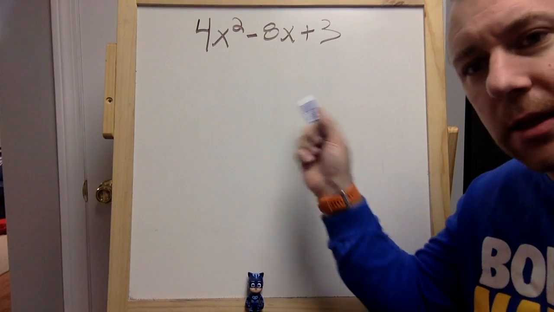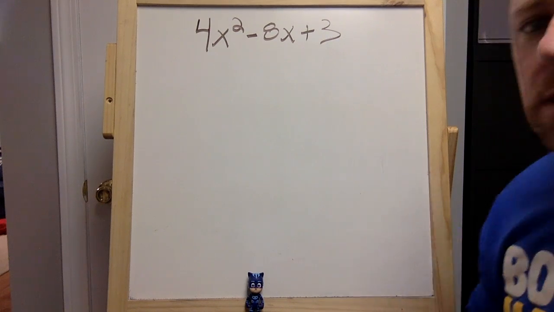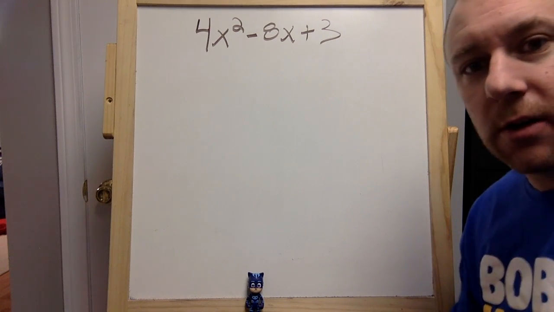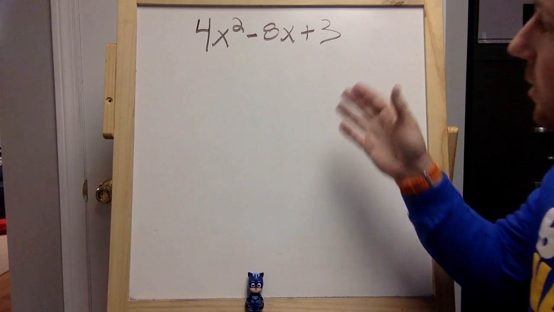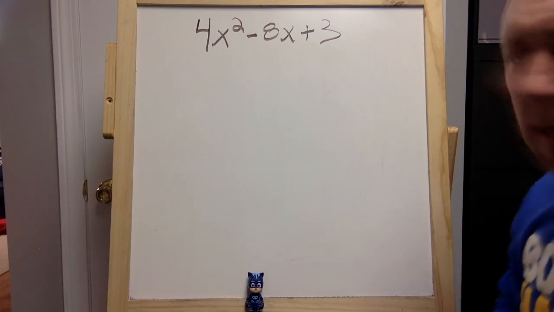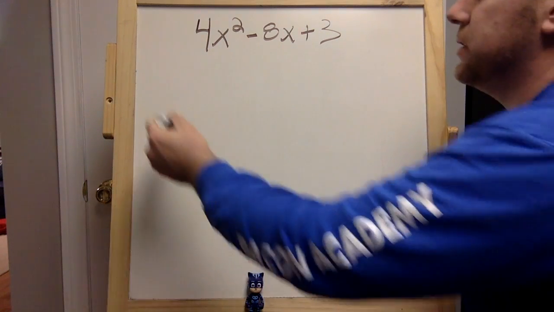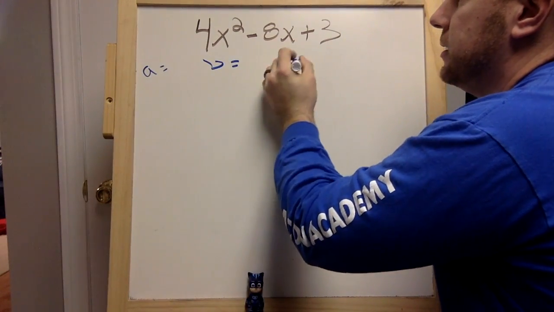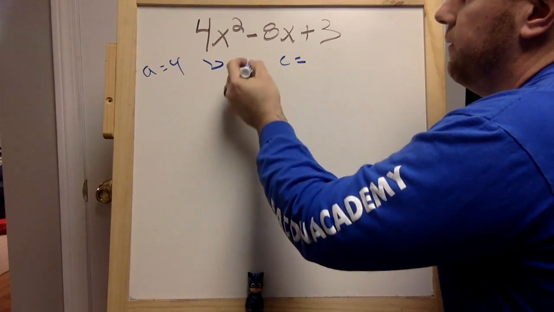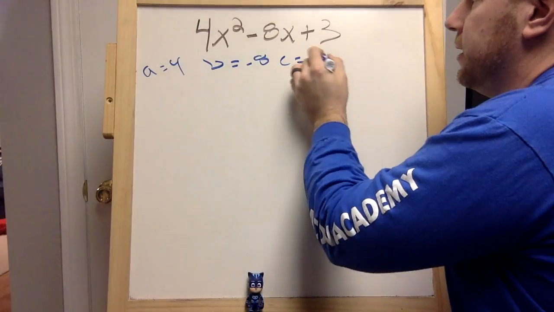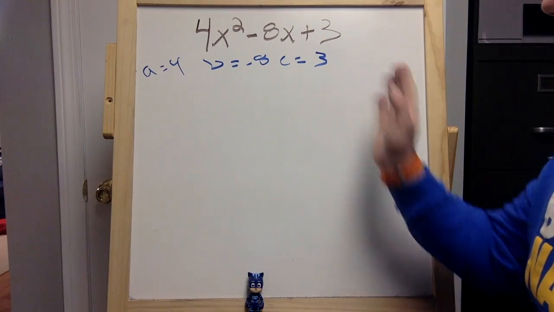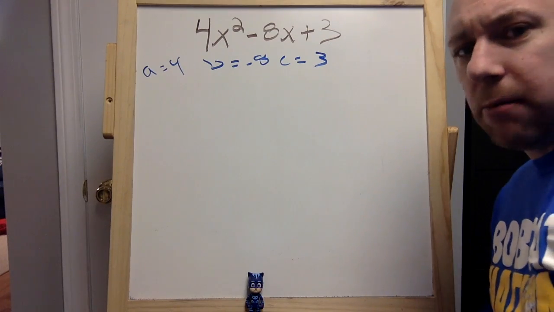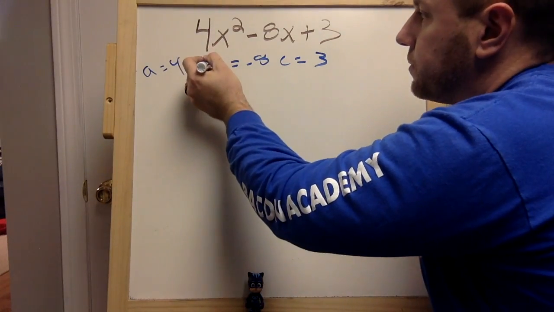So, in these examples, we're going to expand on our knowledge of factoring trinomials. Again, that first step is always to locate what your A, B, and C are. In this case, 4, -8, and 3. There's no greatest common factor that I can factor out.